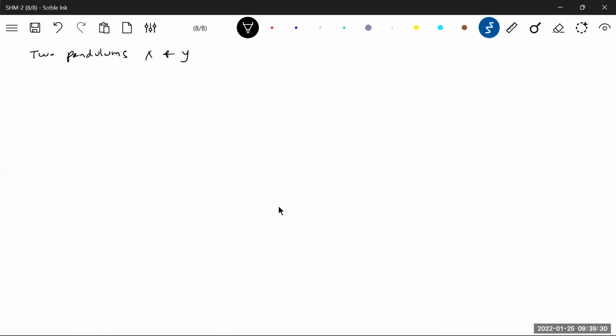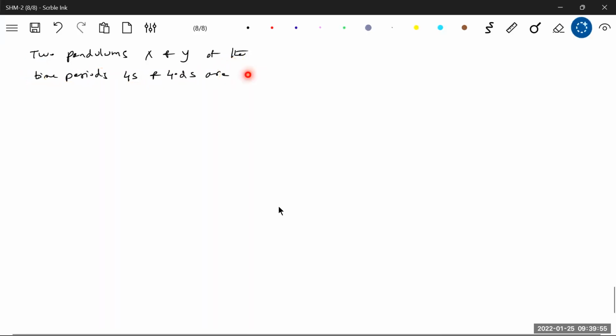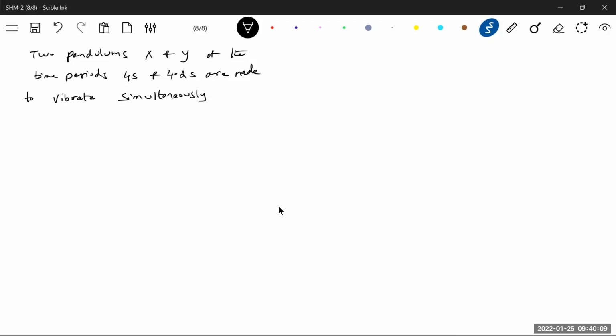Two pendulums, X and Y, of time periods 4 seconds and 4.2 seconds, are made to vibrate simultaneously.